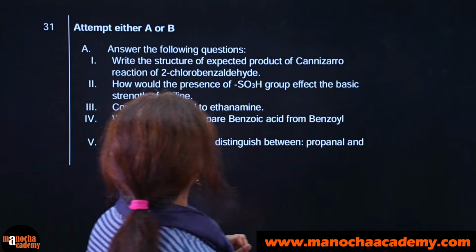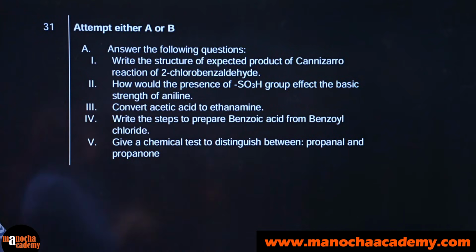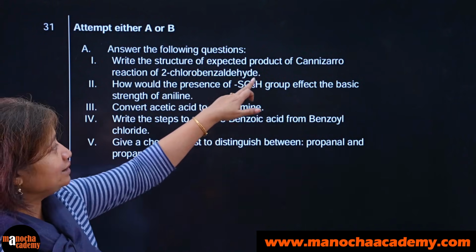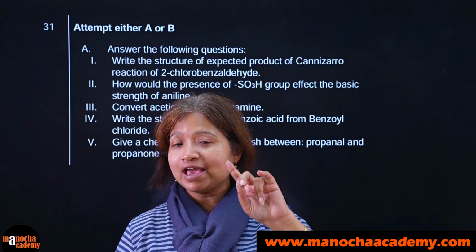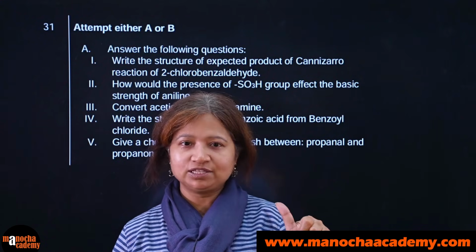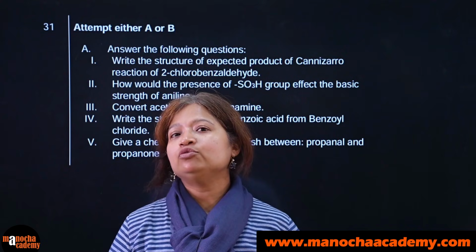Now we come to question number 31. Question number 31 is a 5 marks question. Write the structure of the expected product of the Cannizzaro reaction of 2-chlorobenzaldehyde. Now, Cannizzaro reaction, if you remember, takes place only for aldehydes. That's point number 1. Point number 2, which aldehydes?